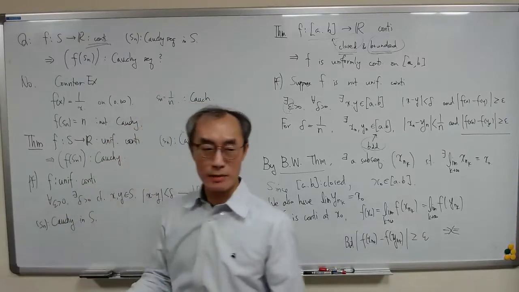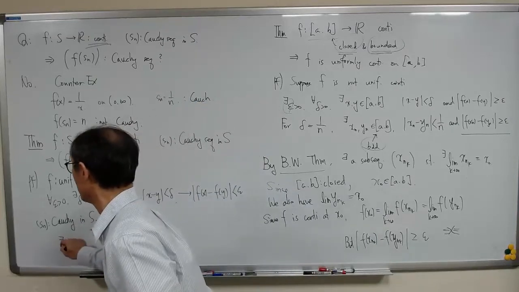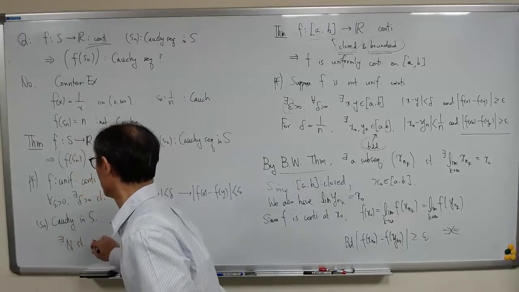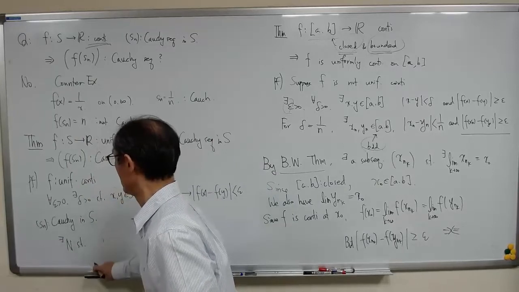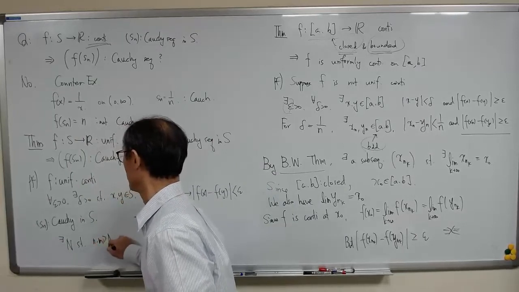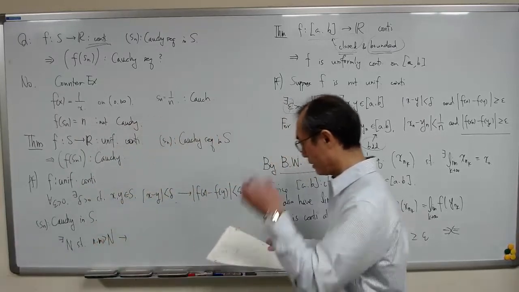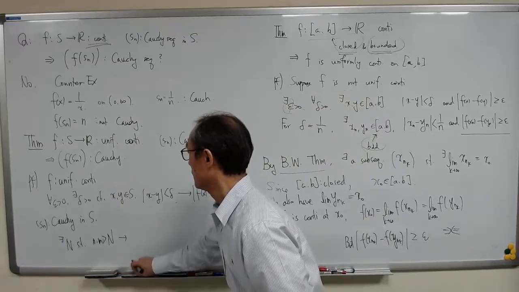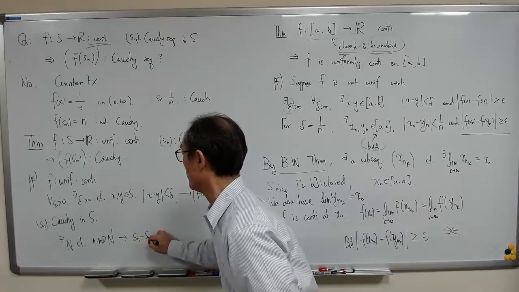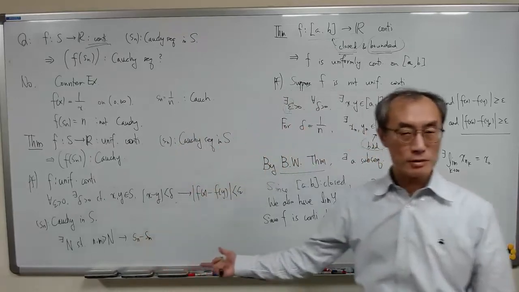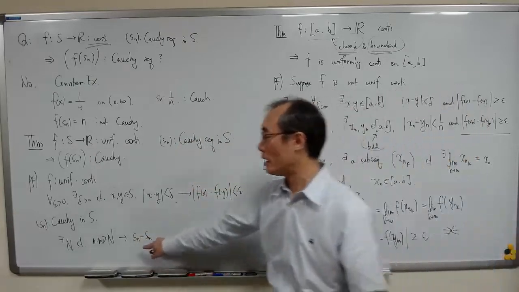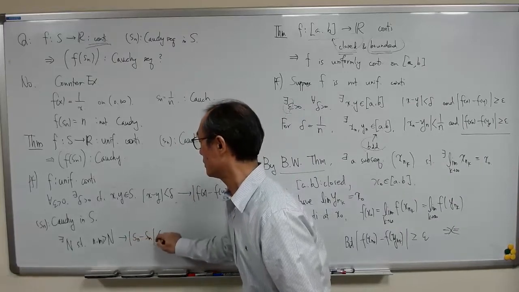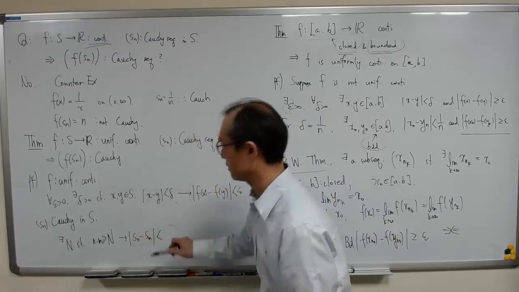For any constant epsilon, there exists a big number N, such that if you have indices n and m greater than the threshold, the difference between Sn and Sm, the difference between any tail elements, gets smaller than an arbitrary constant.